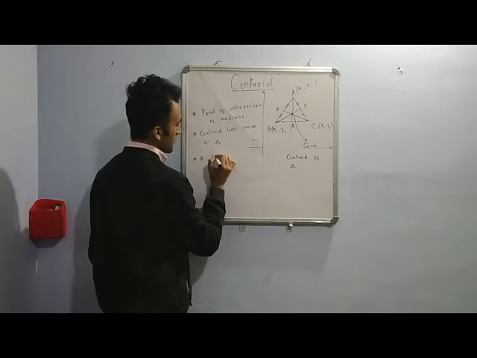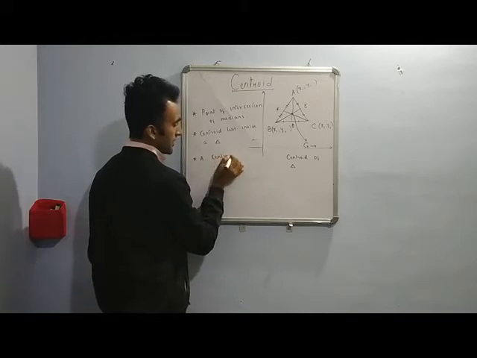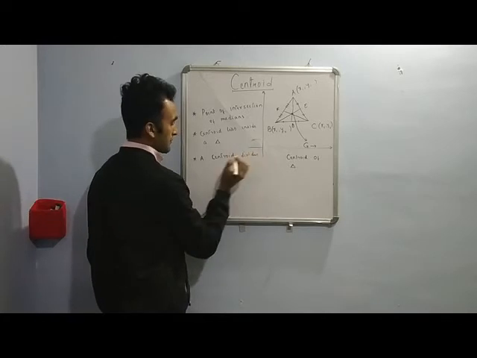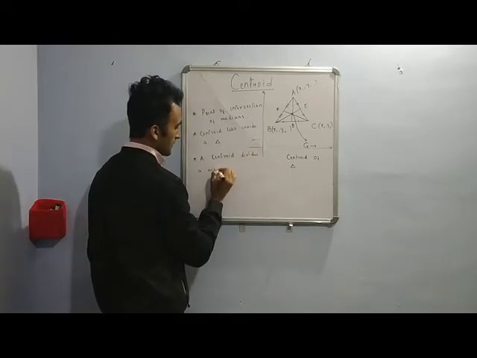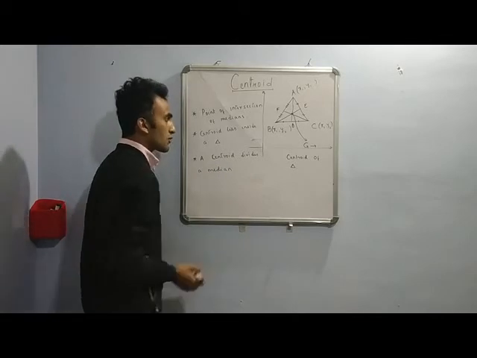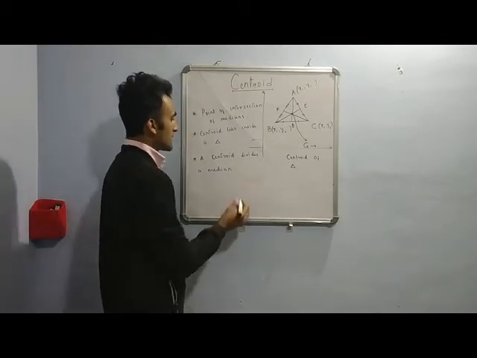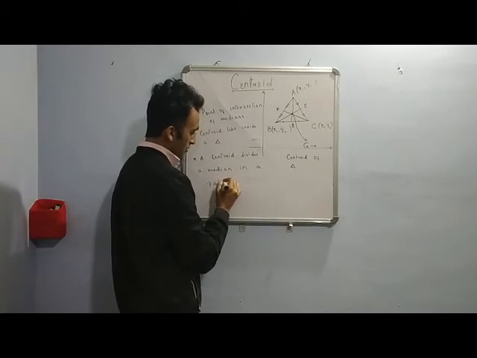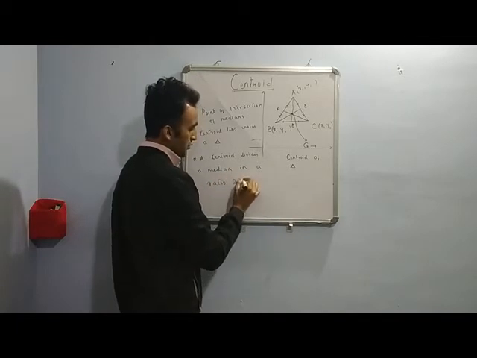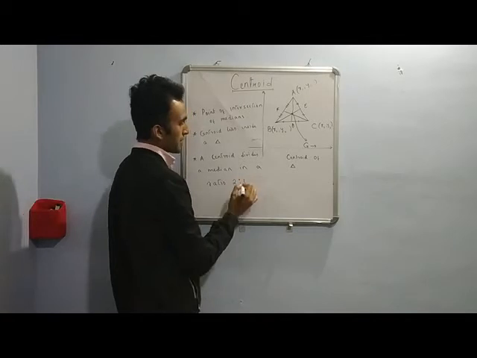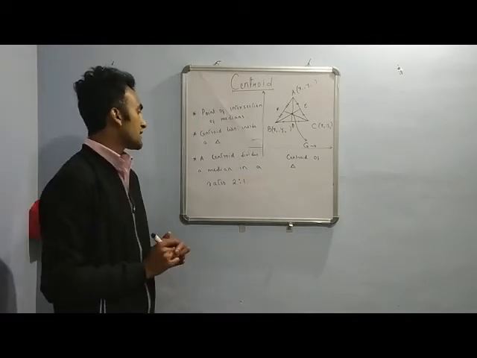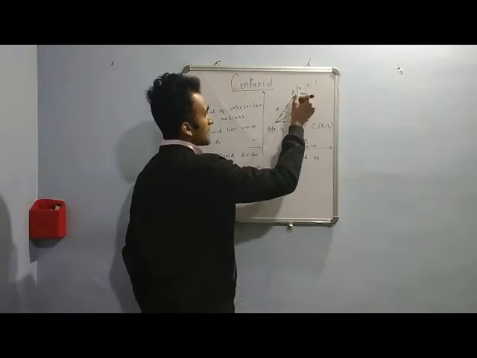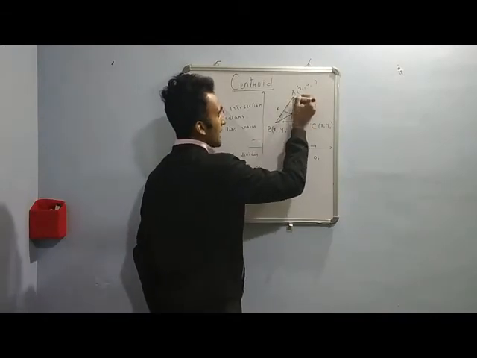Now the next important point we have to remember is about the centroid. A centroid divides a median in a ratio 2:1. Remember that. Which means this is a centroid and this is a median.